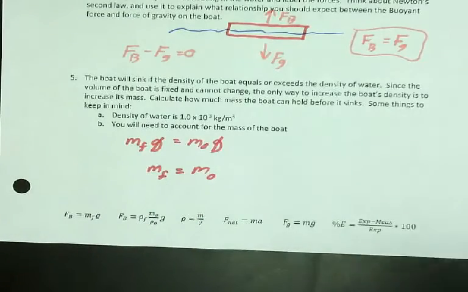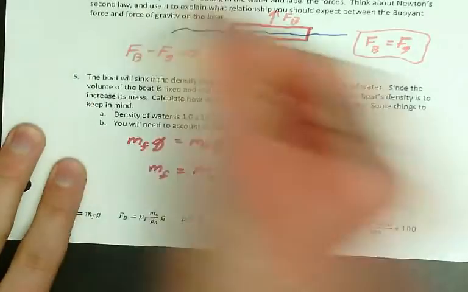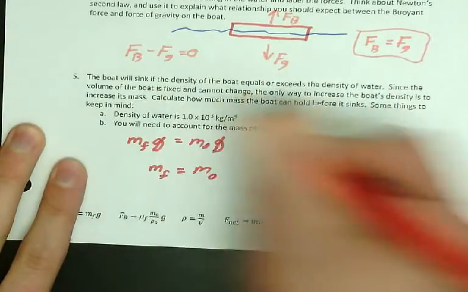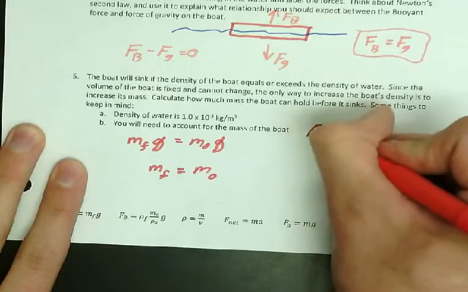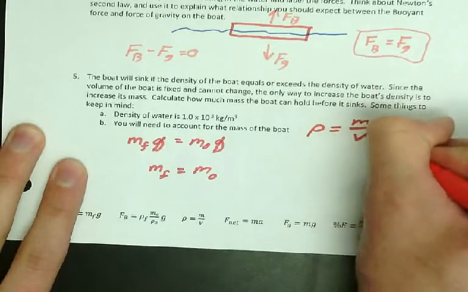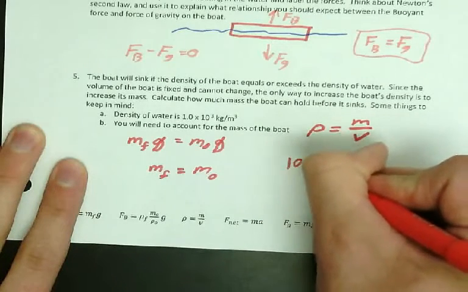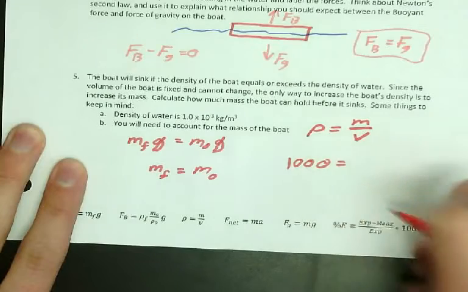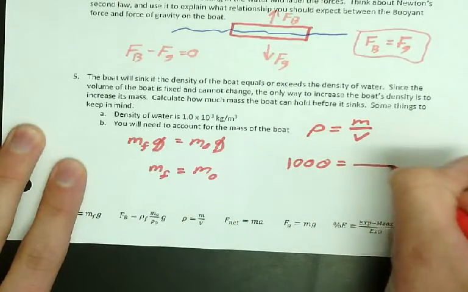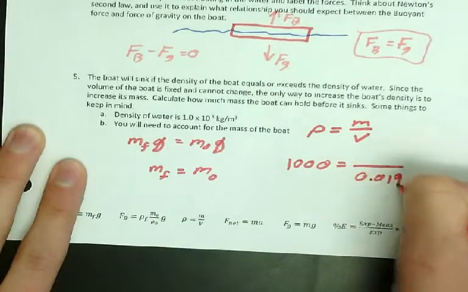I'm solving for mass. I know the volume. I know the density of water. So let's just do density equals mass over volume. The density that I know is water. It's 1,000. The volume of the water will be equal to the boat, and that is 0.019.